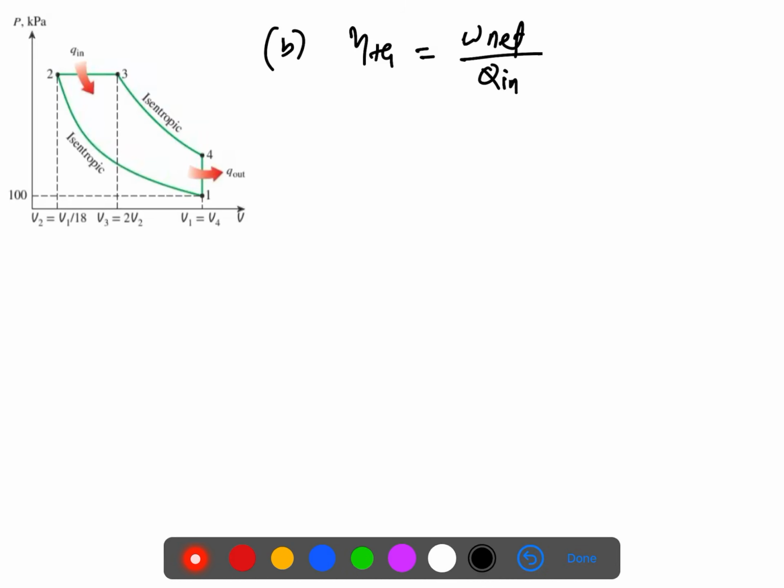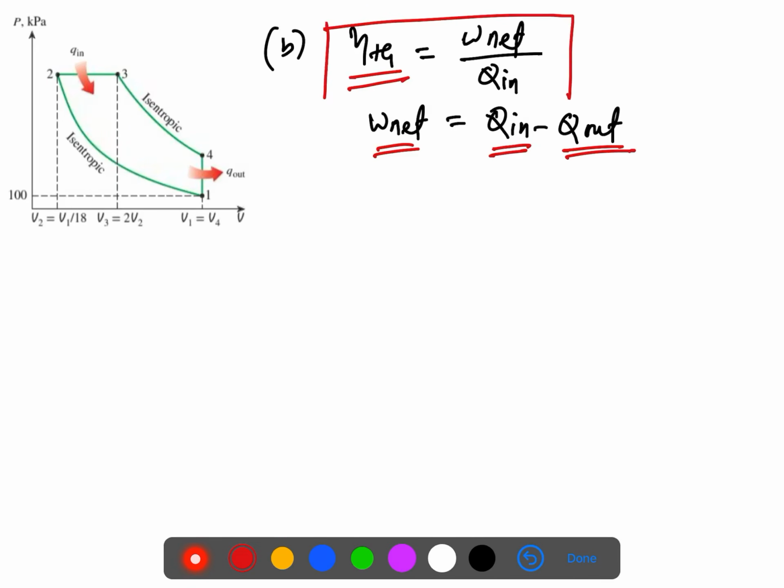We know this formula, and the net work is the difference of the heat in and heat out. So if we really want to get this, then we need to calculate the heat in and heat out first. From this we will get the net work, and then we will use this expression and get the thermal efficiency. Right guys?